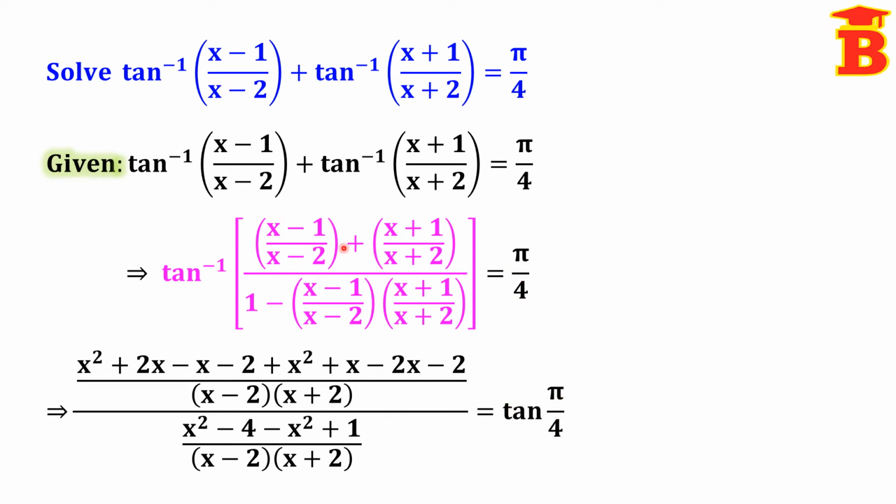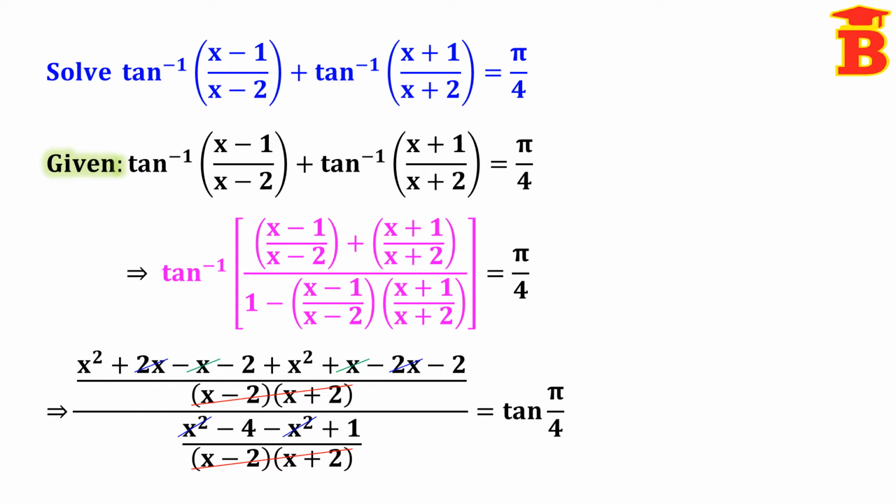On the left side take LCM (x minus 2) into (x plus 2) and also cross multiply. So when we cross multiply we get x square plus 2x minus x minus 2. This side we get x square plus x minus 2x minus 2.